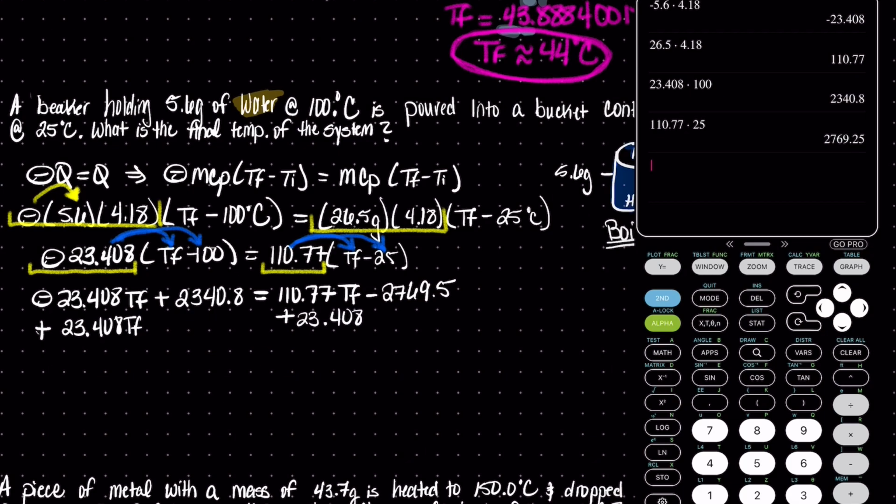This time I'm moving to the other side just to prove to y'all that the math does the math. That was not right, so we're going to try it again.